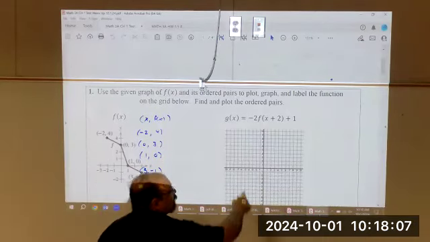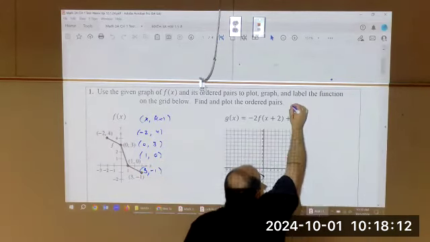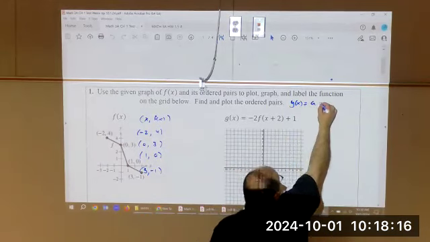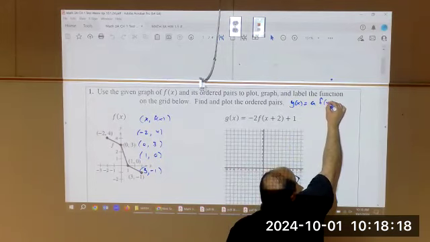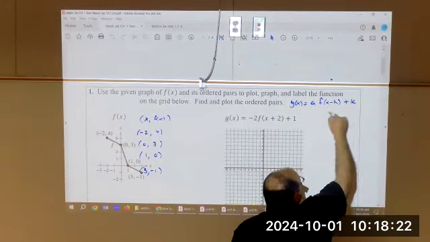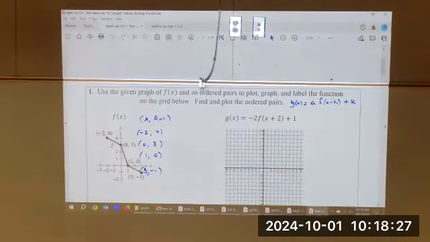And then remember what this all represents. We're looking at g of x equal to a times f of (x minus h), and then plus k. A determines whether it's flipped, reflected across the x-axis.